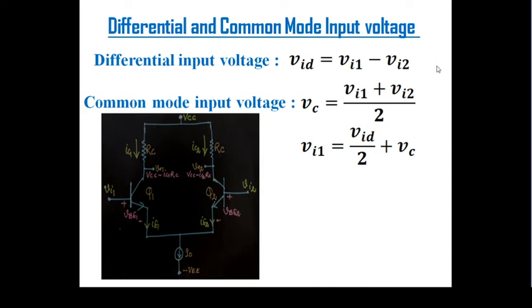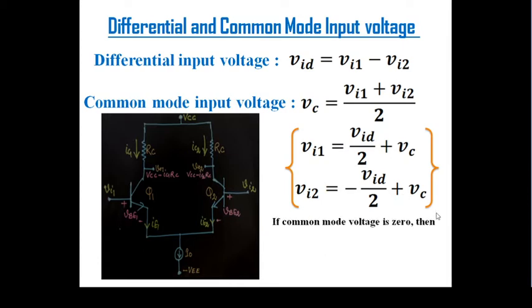Say this is equation 1 and this is equation 2. Put 2Vc equals Vi1 plus Vi2, then add these two, so it becomes 2Vi1, like that. So we can simply find Vi1 and Vi2 as functions of the input differential voltage and the common mode input voltage. One more condition: when the common mode voltage Vc is 0, then Vi1 equals Vi2 but with a negative sign.